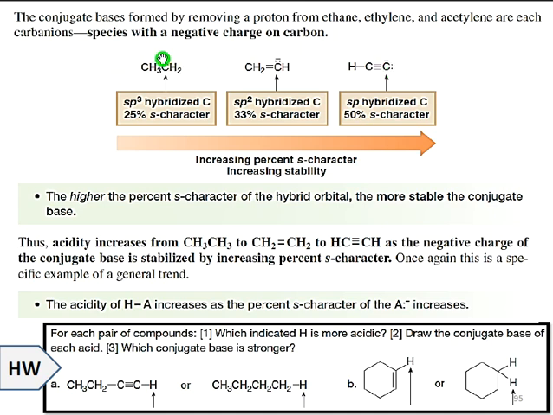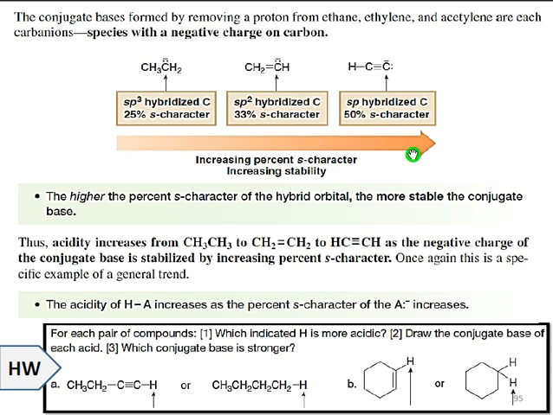Here the negative charge is on the sp3 carbon. The s character here is lower than this, so this one is the more acidic. Increasing the percentage of s character increases the stability. Acidity depends on the stability.